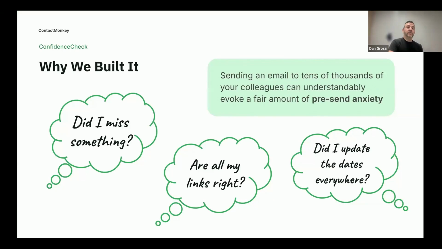First things first, why did we build this feature? Well, this was born out of many conversations that we had with our users. The recounting of sending an email with an out-of-date or mismatched subject line, or including an incorrect location or link somewhere in your email.